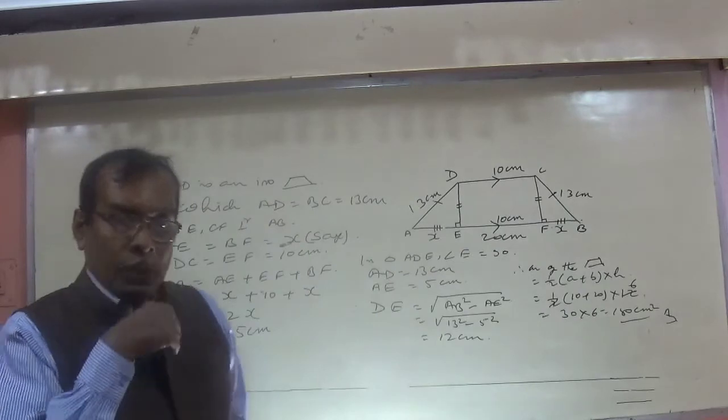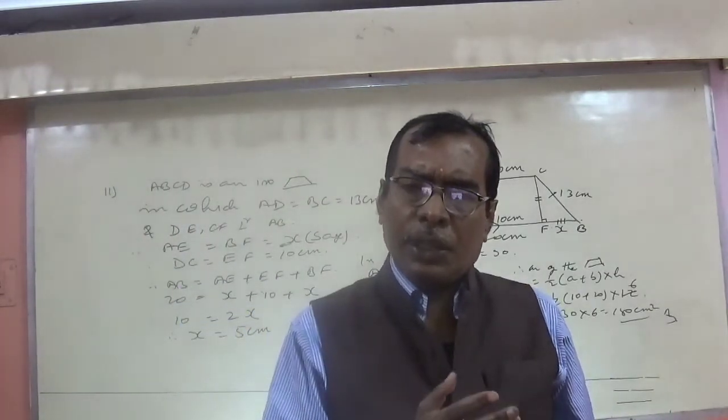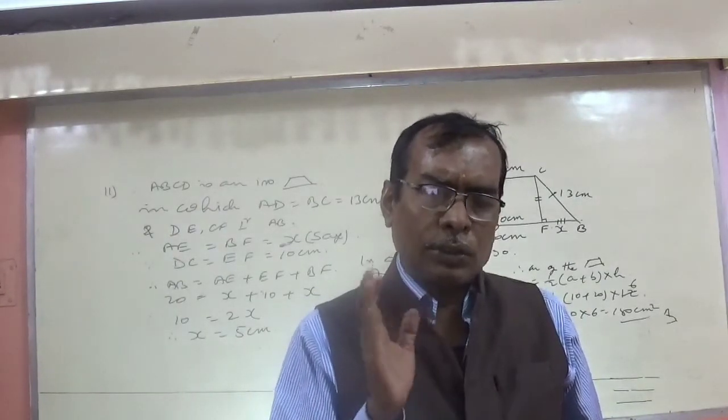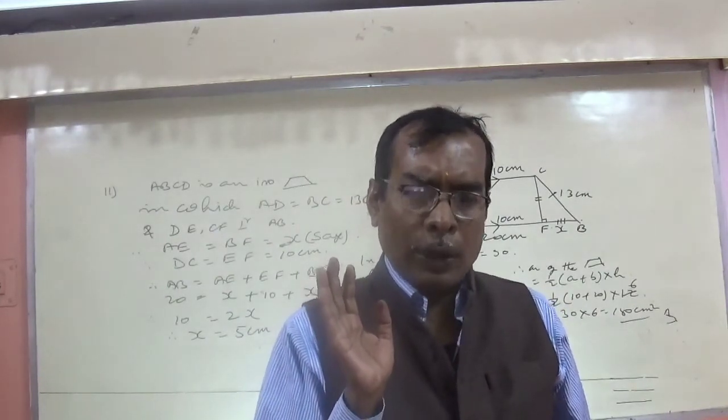Now I am going to consider the next questions from your book, where the trapezium is there. Obviously isosceles trapezium will be there, but also not isosceles trapezium. Non-parallel sides are equal, but it is not an isosceles trapezium. What will happen then?